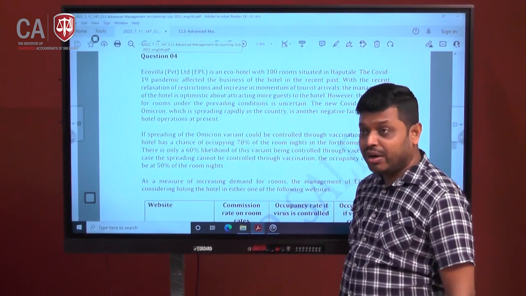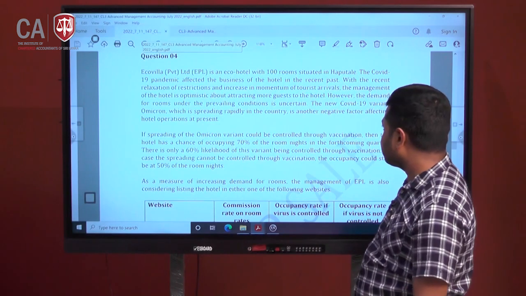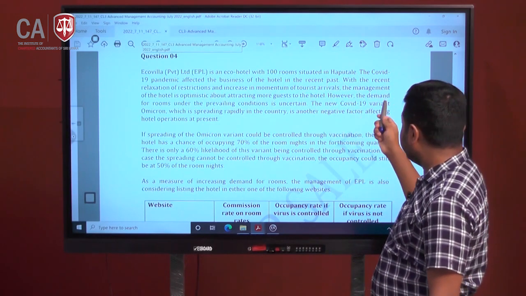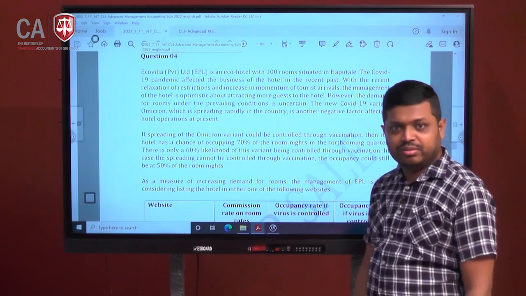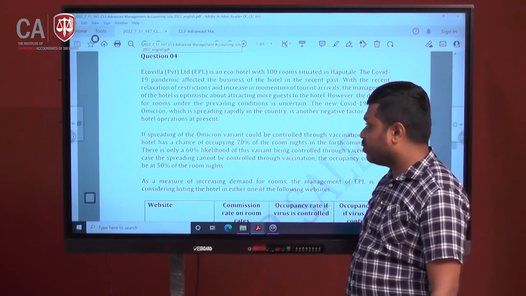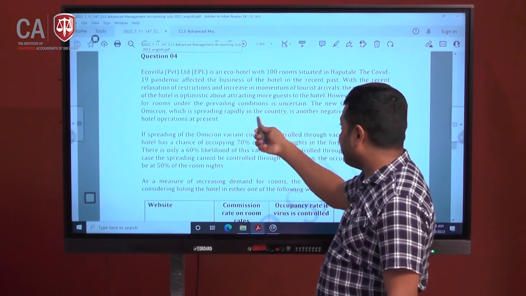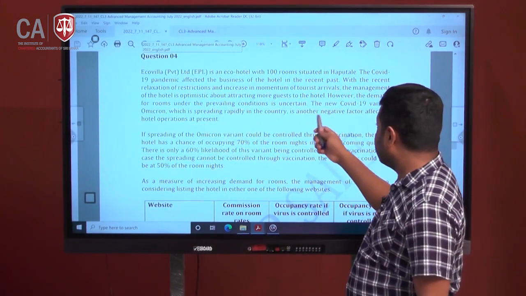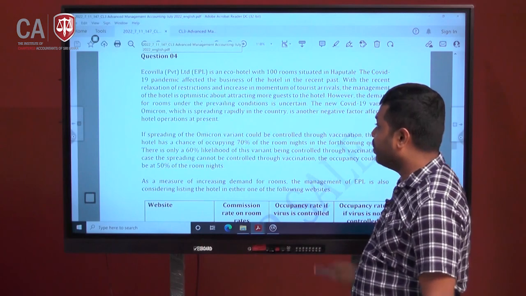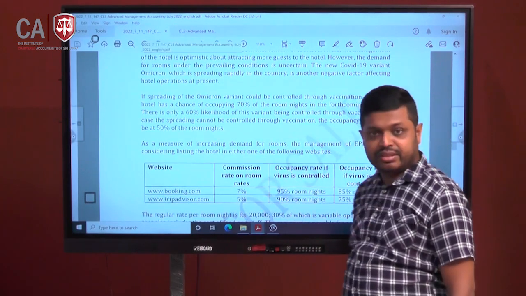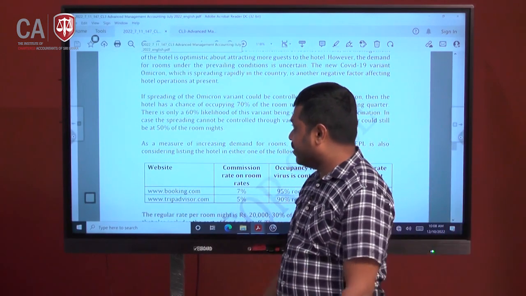You don't know what the actual demand would be. The new COVID-19 variant Omicron, which is spreading rapidly in the country, is another negative factor affecting the hotel operation at present. Right. That condition is given.